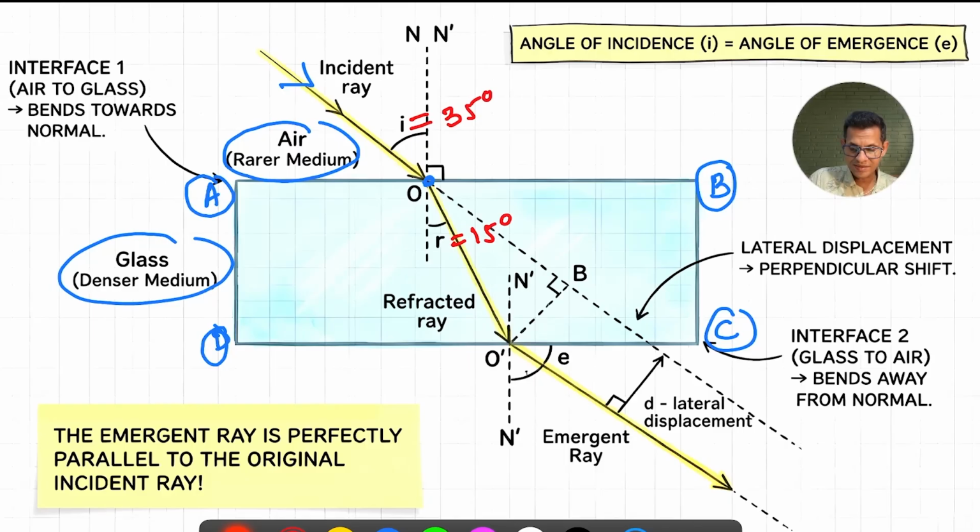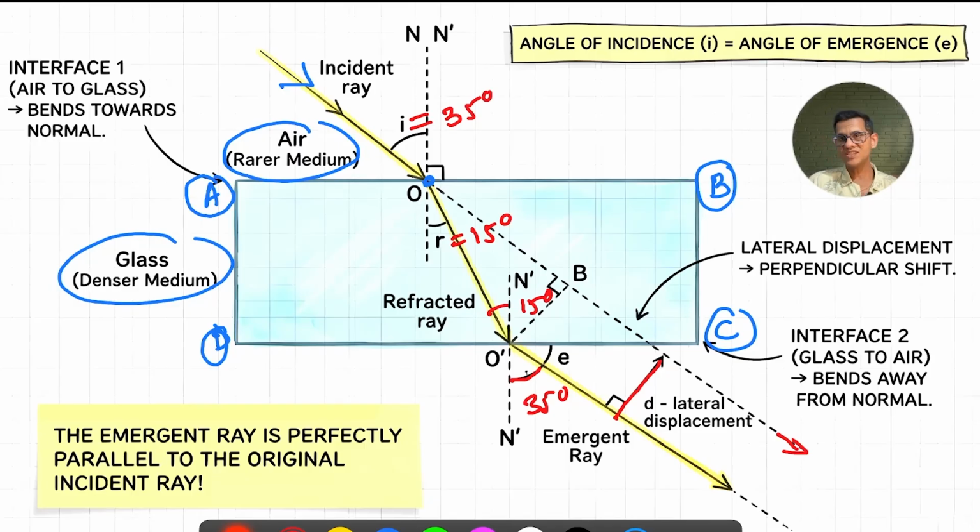Then at CD, the angle of incidence will be 15 degrees and the angle of refraction or emergence is going to be 35 degrees. So the amount of refraction happening at AB is equal and opposite to CD, and hence you will see the lateral displacement, and hence the emergent ray is parallel to the incident ray.